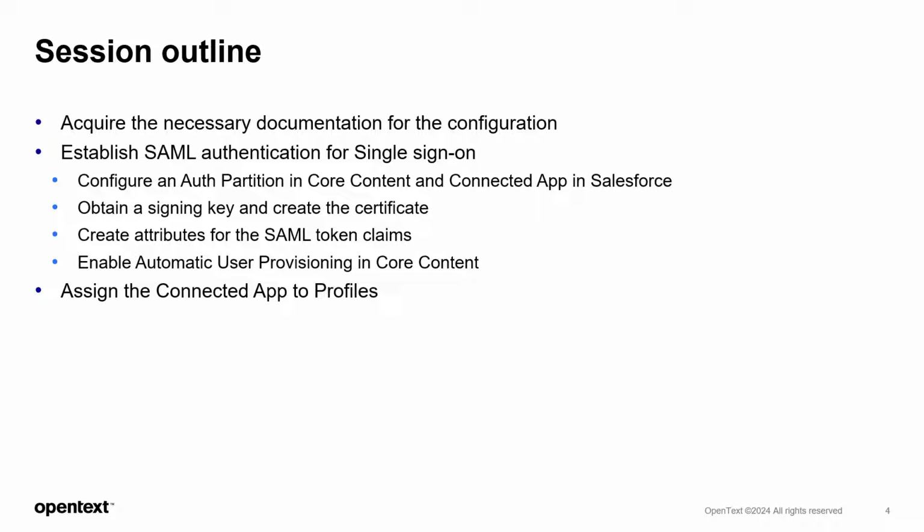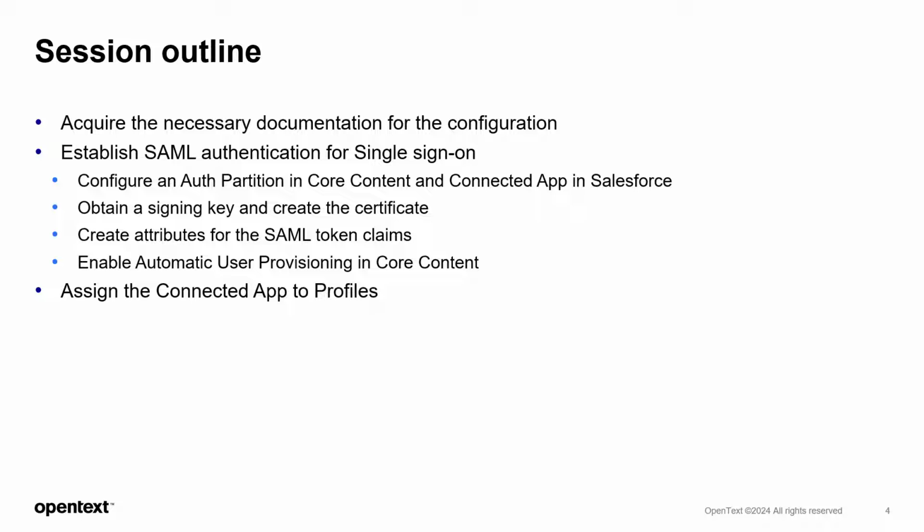Okay, first things first, we'll take a look at the documentation. And then we will work to establish a SAML authentication for single sign-on between the systems. This will entail configuring an auth partition in core content and the connected app in Salesforce.